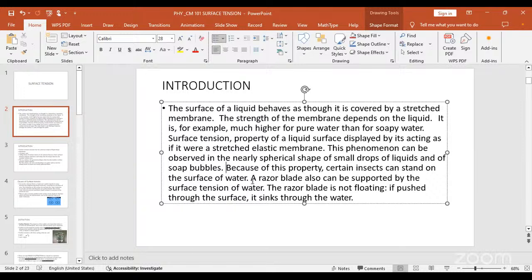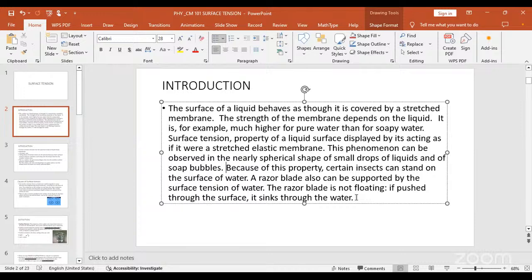Now, we also have a situation where a razor blade can be supported by the surface tension of water. The razor blade is not floating. If pushed through the surface, it sinks through the water. The focus here is that it's not that the pin per se was able to displace an amount of water equal to its weight.